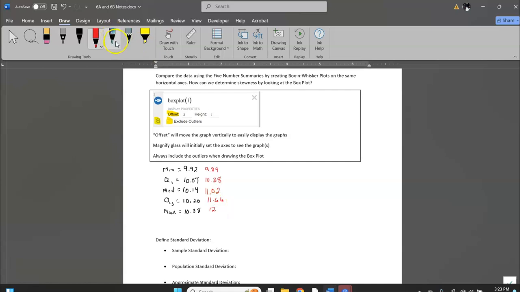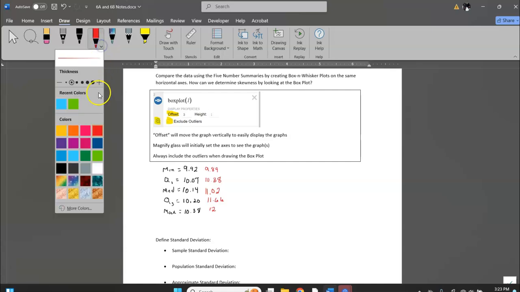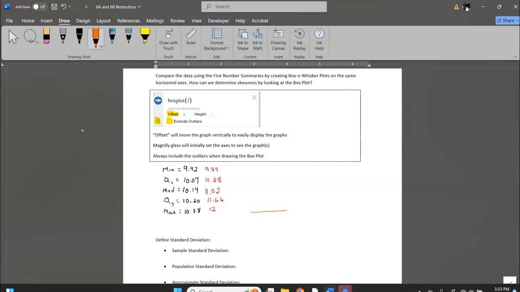Okay, so now when we draw our graph, we have to start with a number line. I'm going to use a different color here for our number line. This is the times, and we need to go from about 9.89 to 12.